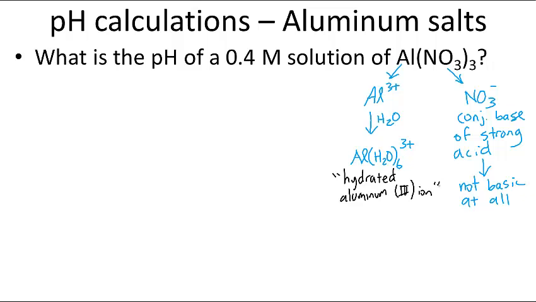Question? The student question is, would the formation of this hydration shell around aluminum prevent it from forming a precipitate? The answer is no. It can still precipitate. When it precipitates, that just means some other ion is attracting it more strongly than the water does.